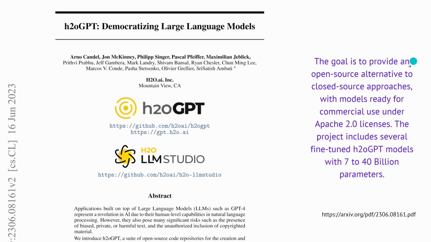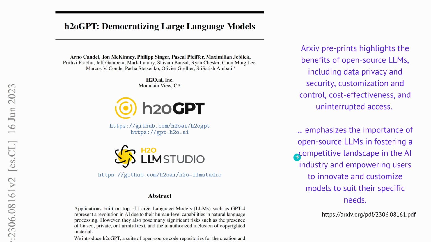So their goal is to provide an open source alternative to closed source approaches like GPT-4, with models ready for a commercial license under Apache 2, so free commercial use. And their project includes several fine-tuned GPT models from 7 to 40 billion parameters. And they are working on this. And I think for a company, this is impressive. And I think maybe I will become a customer of this company.